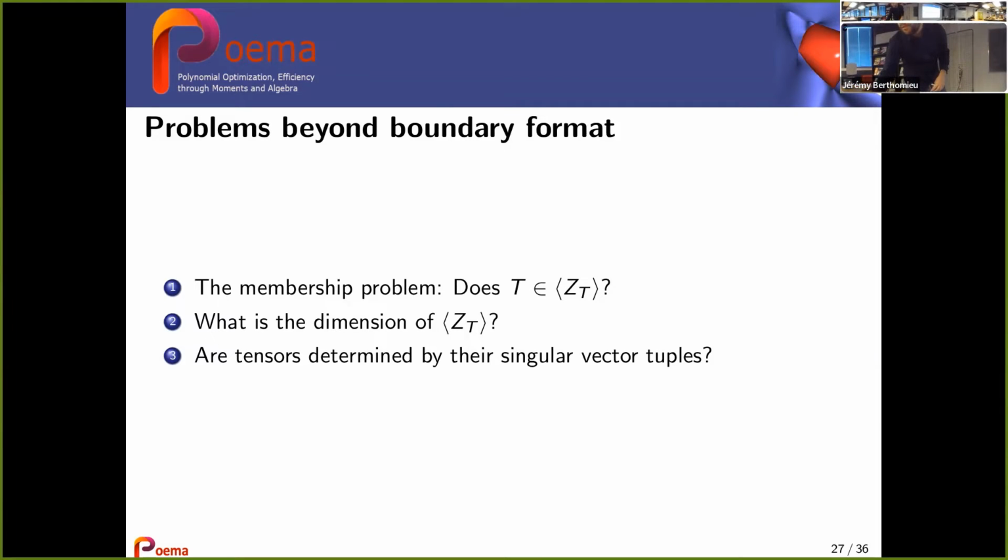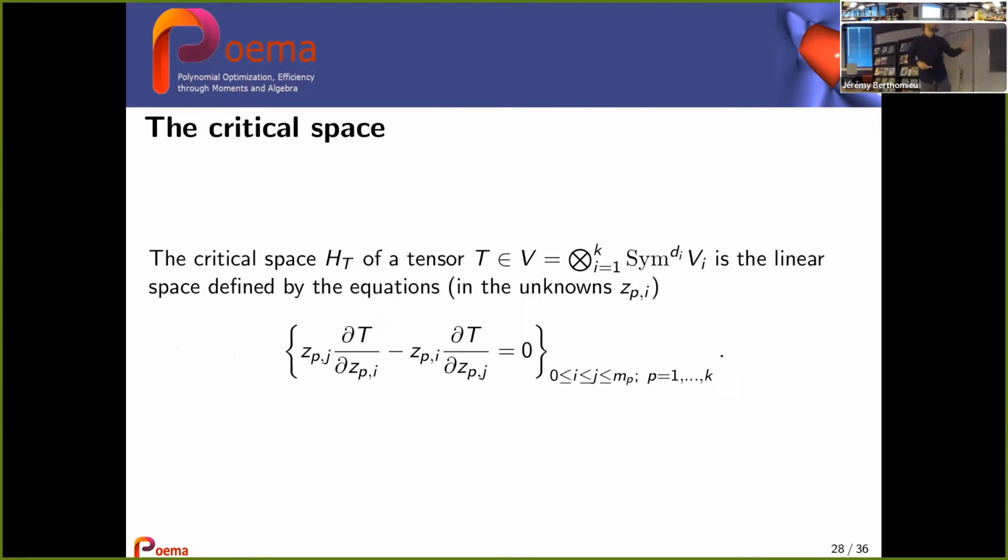So to tackle these first two questions, this space was defined first by Ottaviani and Paoletti, and then later it was utilized by Draisma, Ottaviani and Tocino. So this critical space, essentially these are the minors of that matrix that I showed before, with the flattening of the tensor and the vector itself, the rank one that we are using. And the difference now is just that we're allowing higher rank solutions.